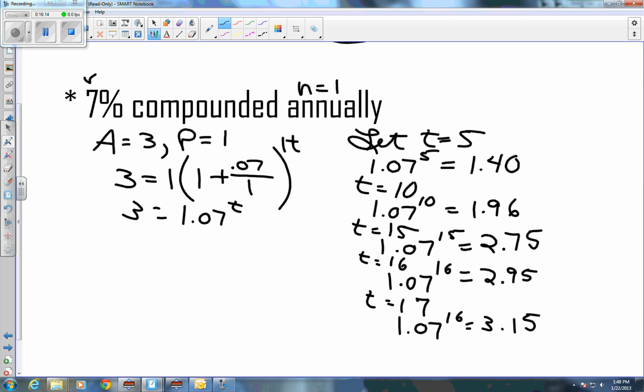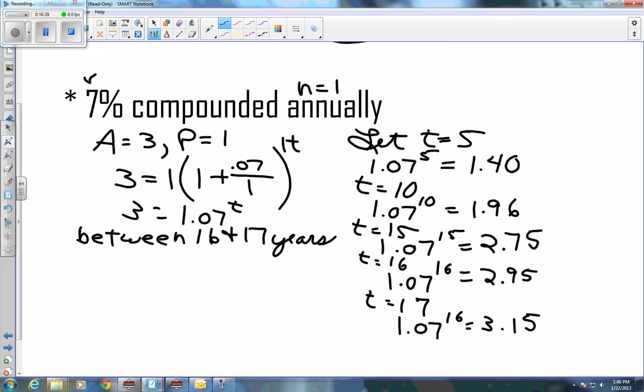Now, listen. For the purposes of what we're doing today, that's enough accuracy. So what you would say for your answer is between 16 and 17 years.